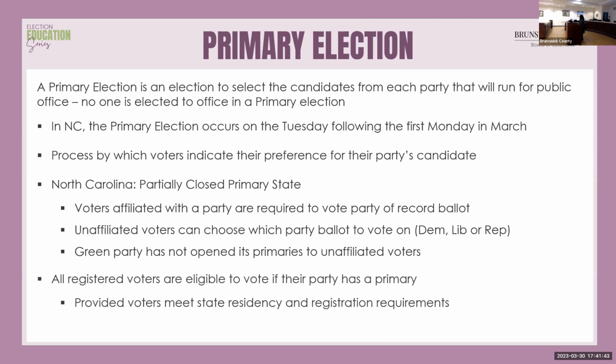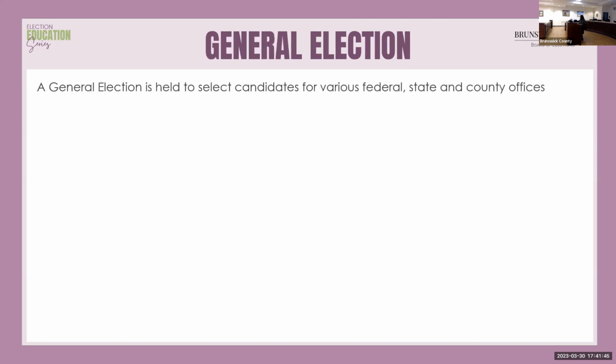registration requirements. A general election is held to choose those that will represent our county, state, or country at a government level. For most offices, only one member of a political party can be on the ballot, and the candidate with the most votes will be elected to office. General elections occur on the Tuesday following the first Monday in November.